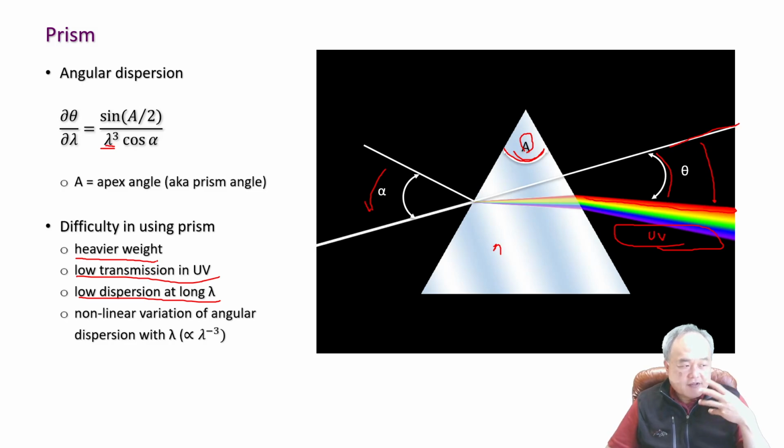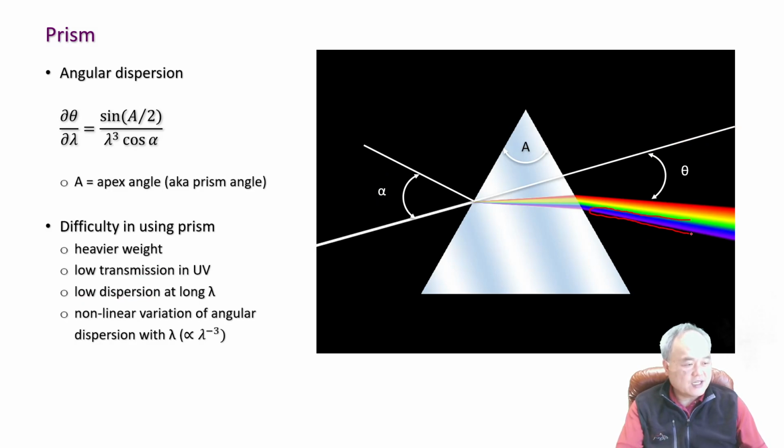But in real practical usage, the amount of dispersion as a function of wavelength is not linear, meaning that as you go to shorter and shorter wavelengths, like the blue light, they are refracted more. So the angular dispersion is inversely proportional to the wavelength's third power. They are progressively dispersed into larger angles compared to the long wavelengths.